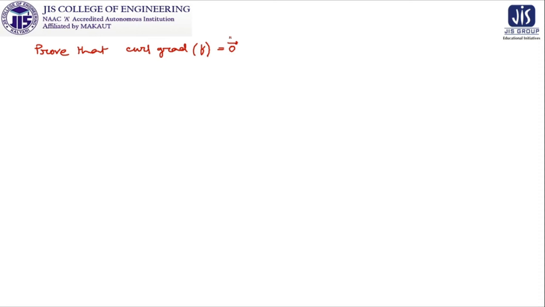So the definition of grad is known to you, curl is known to you, but you can think that f is not explicitly given, then how can we find it out? So let us proceed. After that we will check how far we can go.